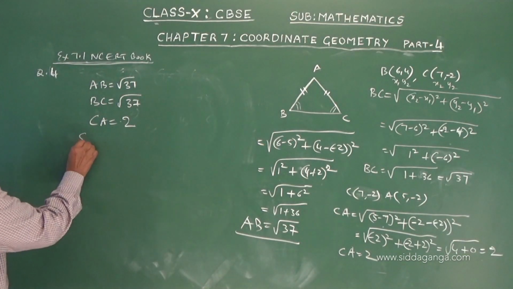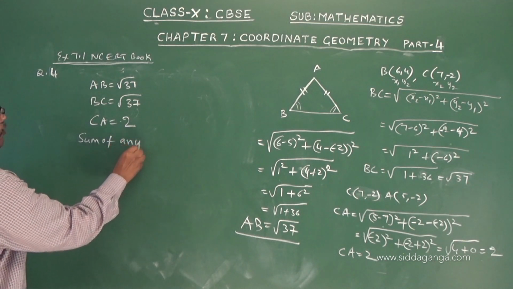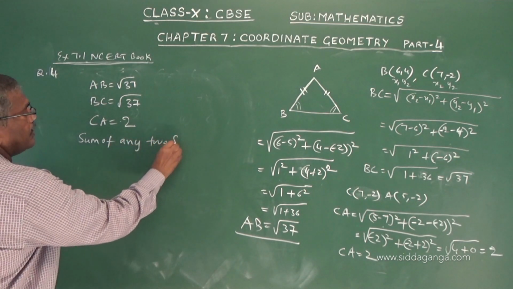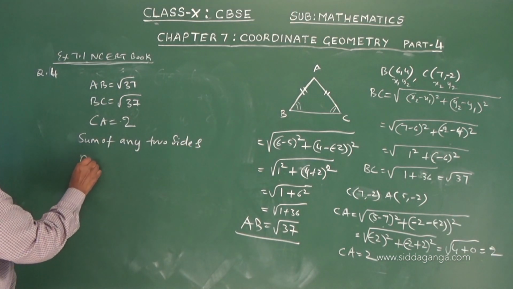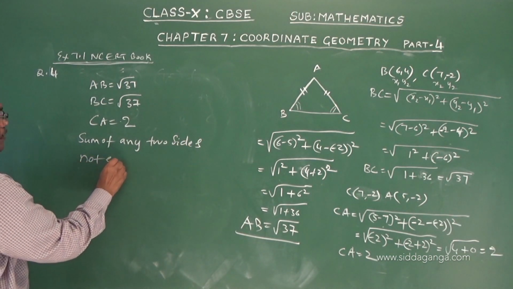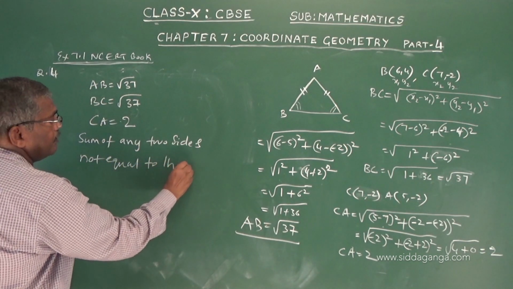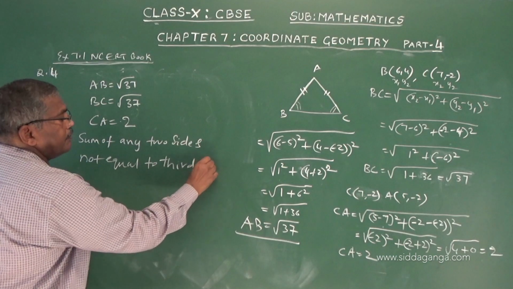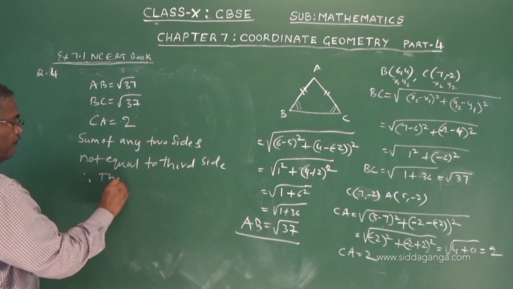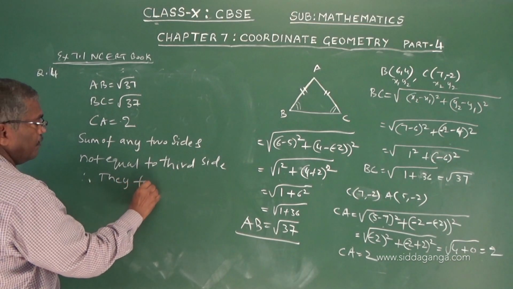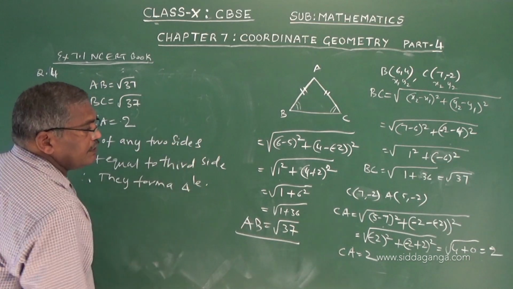So the sum of any two sides is not equal to the third side. So therefore they form a triangle. That is one thing.